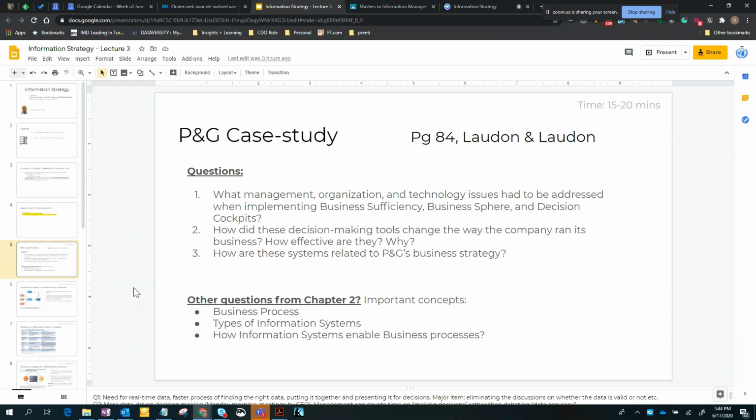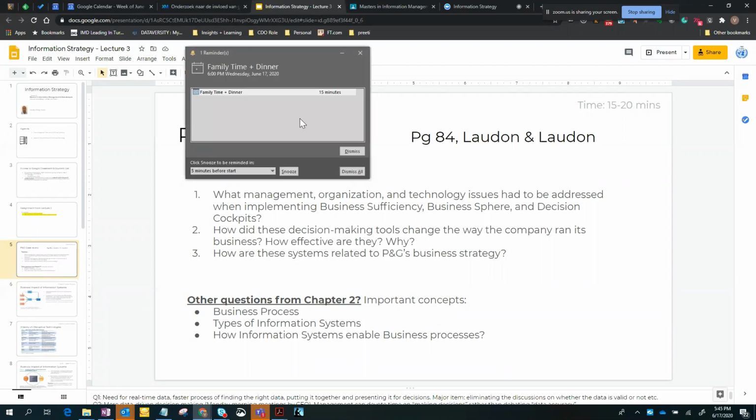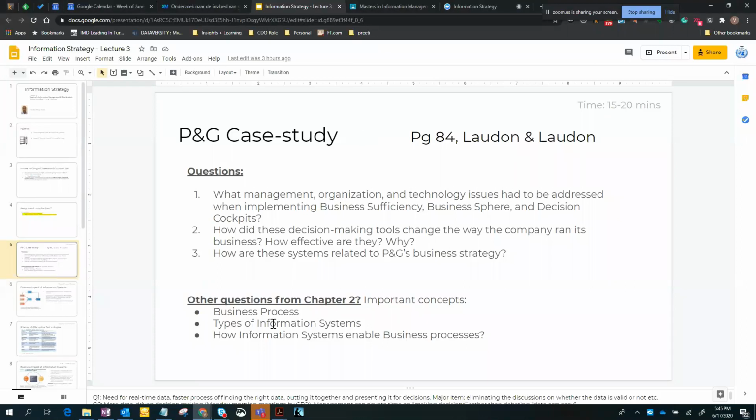Types of information systems: we talked about different kinds of decision making systems, the learning management system, etc., and how information systems enable business process, which is by automation of the steps or by bringing together things that took a long time before but can now be done more quickly and more automated. Those are the key concepts from chapter 2.